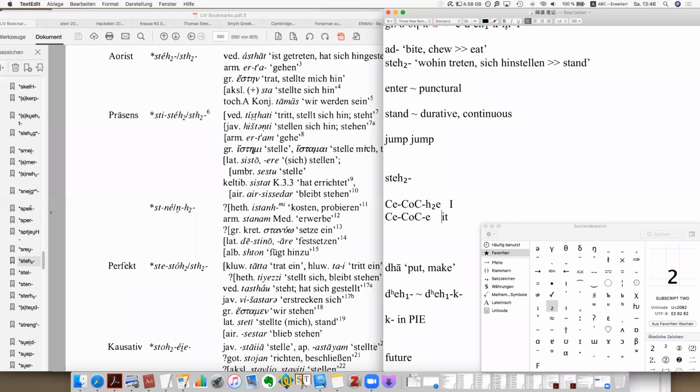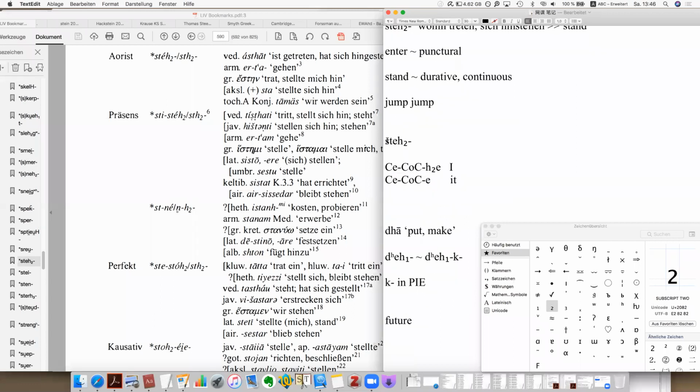I hope you can understand this part. So if you want to build a perfect, then you need this formula, right? Okay, so let's put this root into this formula. The reduplication is not actually important here. The reduplication is a little bit tricky, and we don't need to talk about it now. What's important here is this part. So let's write it down.